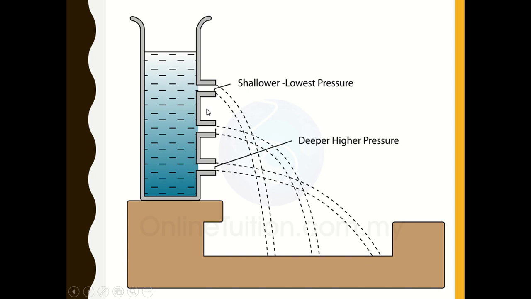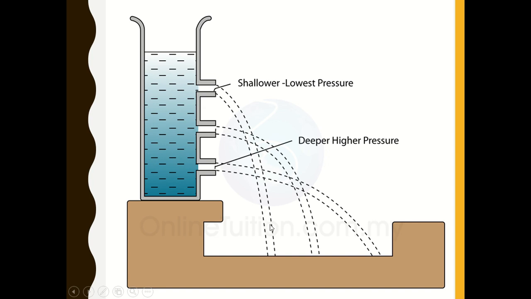Yes, this is the highest depth, right? From the surface of the water to this position, that depth is the highest. Then this, then this. So the pressure will be least at this point.